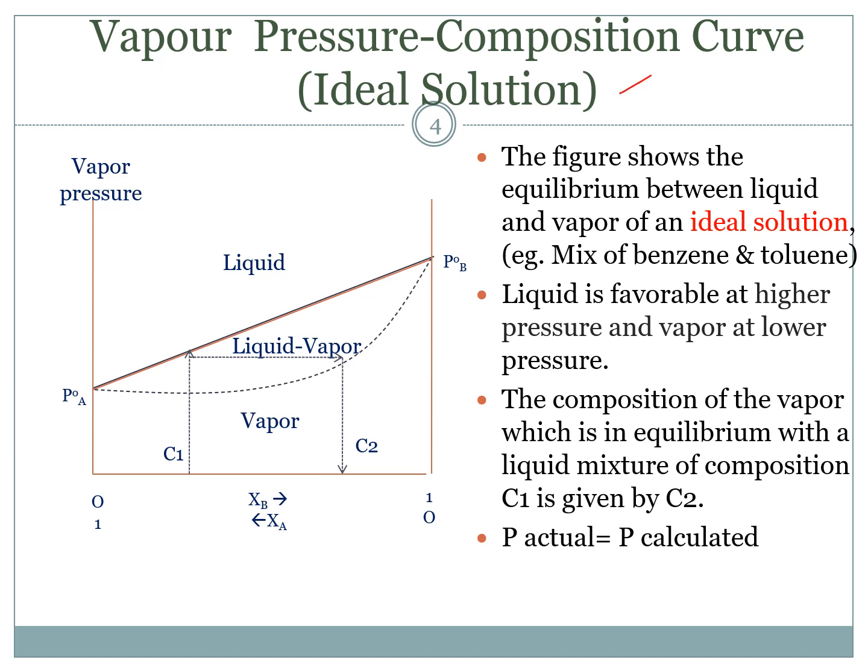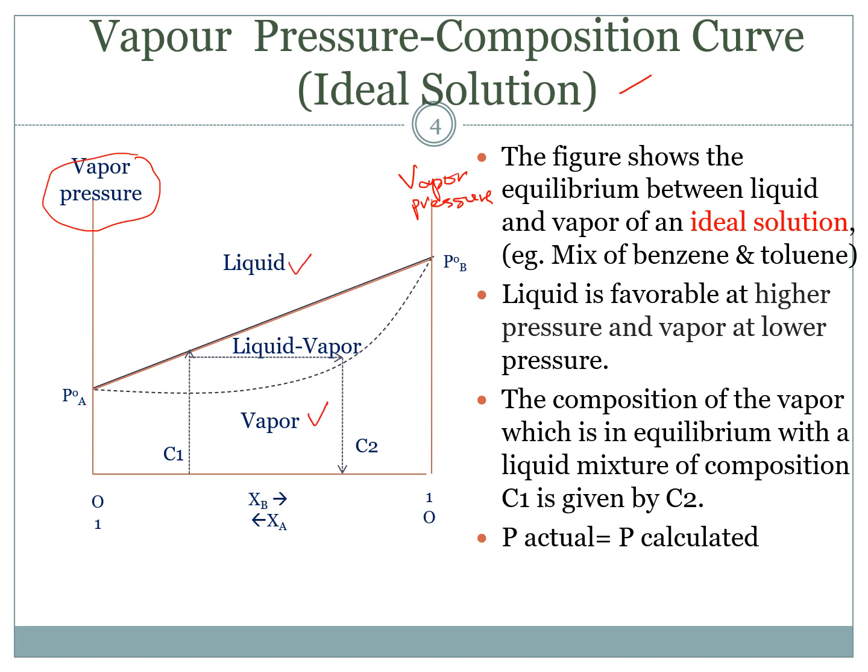The figure shows the equilibrium between liquid and vapor of an ideal solution. Example, the mixture of benzene and toluene. Axis Y is for vapor pressure. Axis X is for the mole fraction for A and B. Liquid is favorable at higher pressure.